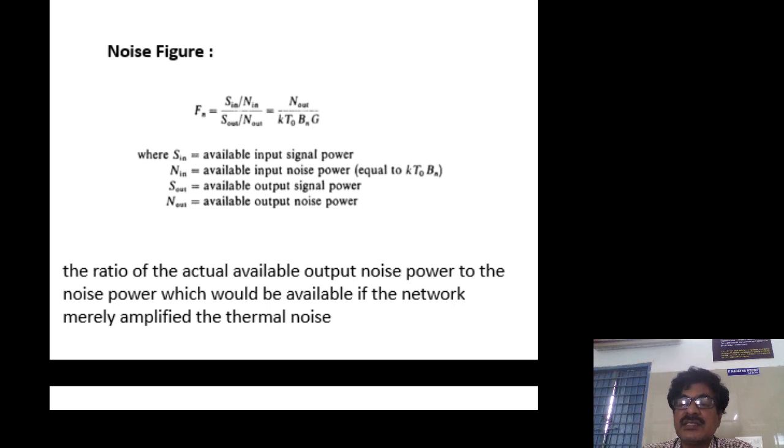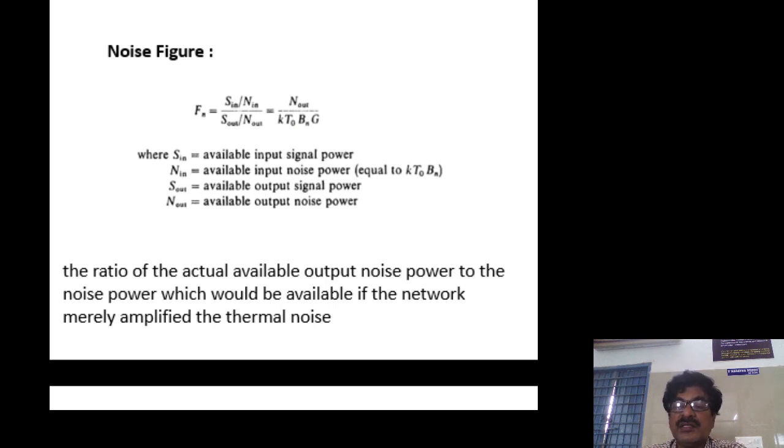By rearranging, we get N out divided by N in into S out divided by S in. S out divided by S in is signal output power divided by signal input power, which is the gain. That's why this part is G. Whereas N in is kT0BN. So now N in is replaced by kT0BN, and N out is as it is.